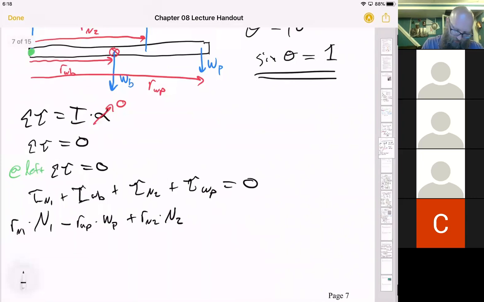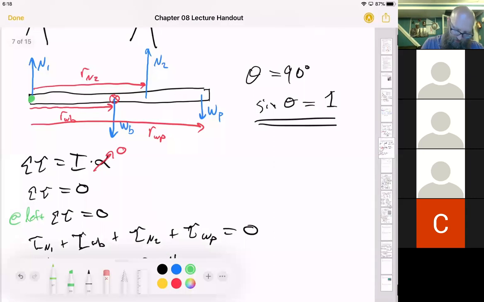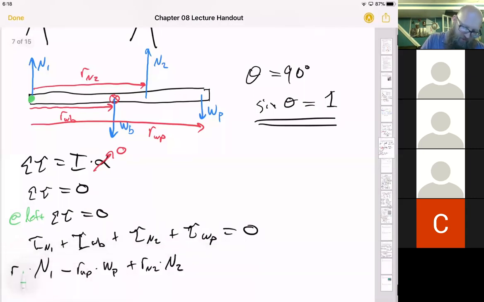Minus. And then the normal 2 wants to cause clockwise rotation. And then the weight of the paint can, normal 2 causes counterclockwise, so we called it positive. The weight of the paint can causes clockwise rotation. Again, I'm just looking at, let's use a different color, the axis of rotation and the direction of rotation that each of these wants to cause, right?